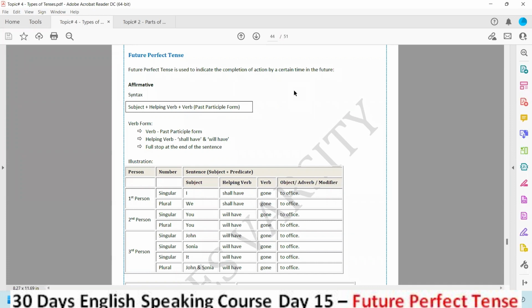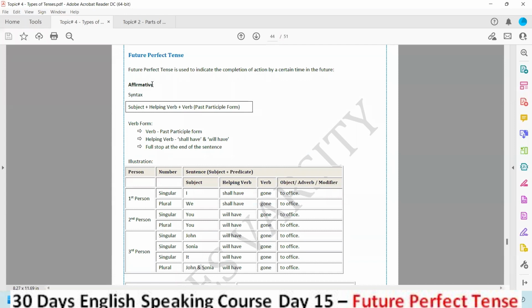As we know, in all perfect tenses, whether present, past, or future, the third form of the verb is used. Future perfect tense is used to indicate the completion of an action by a certain time in the future.